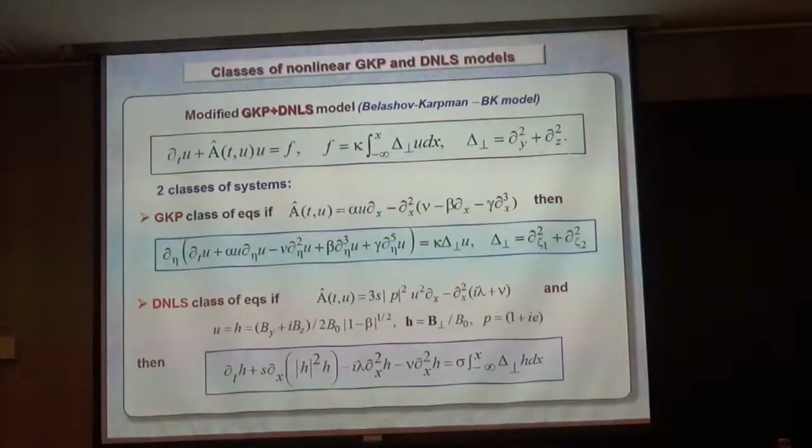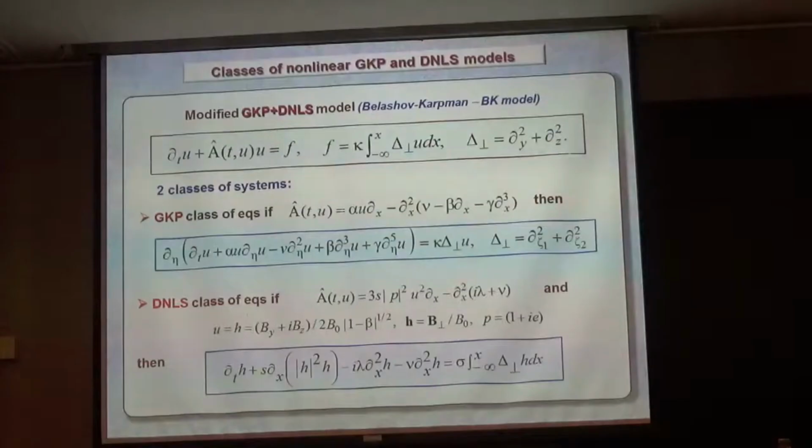The GKP class of equations in case when differential operator A takes the following form, and DNLS, derivative nonlinear Schrödinger class of equations, if operator A has the following form.